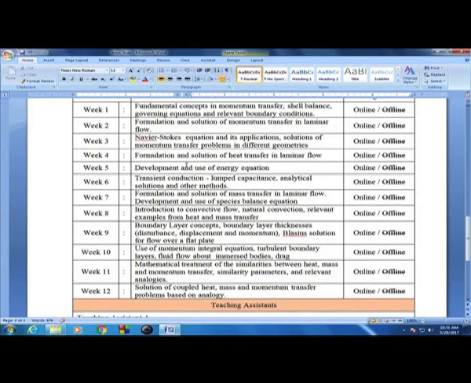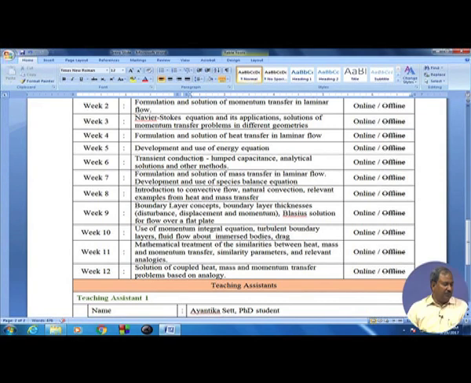Similar to momentum transfer, we are going to formulate and solve a few heat transfer problems in laminar flow, and then again, as with the Navier-Stokes equation, we would try to develop an energy equation, which is a fundamental equation that takes into account all sorts of energy transport modes, for example conduction, convection, and whenever there is, in a system, it is possible that there may be heat generation.